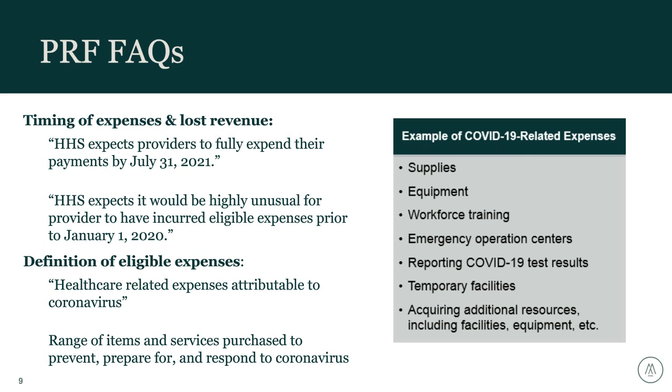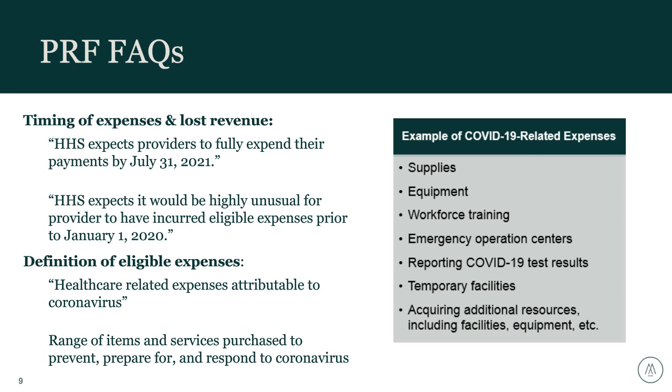So first, let's talk about how you calculate lost revenue. The FAQs do not outline a very specific mandated way that you have to do it. They say, that which is generally reasonable, and that would be a 2020 budget. So the budget that you made before the pandemic hit versus actually what your revenue has been, budget versus actual.